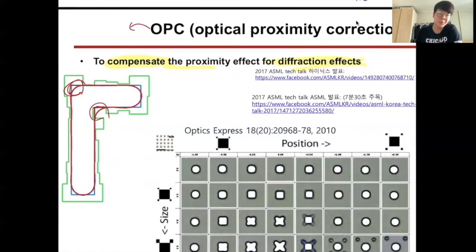So we compute these diffraction or interference patterns so that we can use computers to calculate the exact patterns needed for the mask, making the exact patterns.